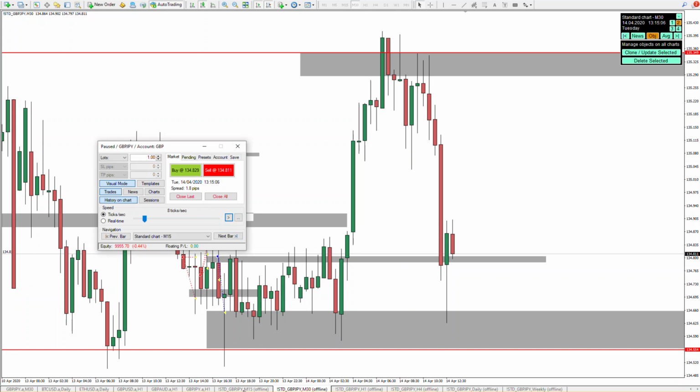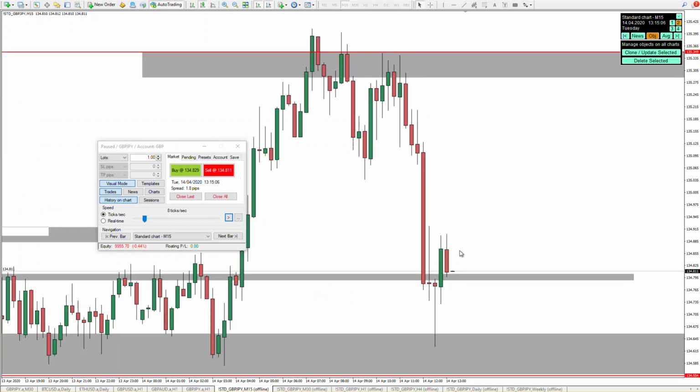Okay, M15. Now we got resistance formed. Still interested to buy above the high of this candle. I can't sell here. Just can't do it. So many problems here.